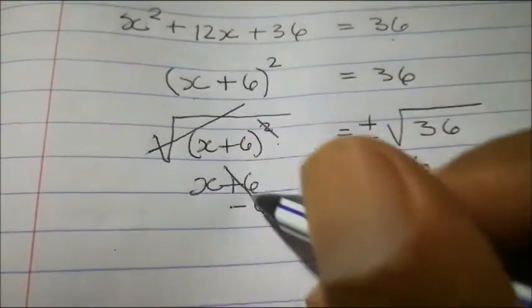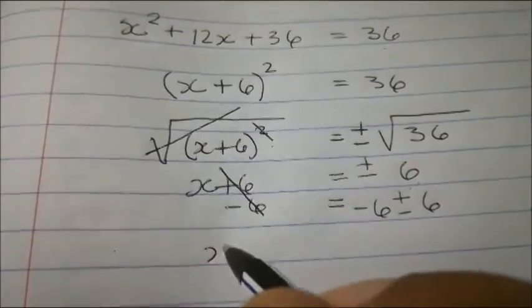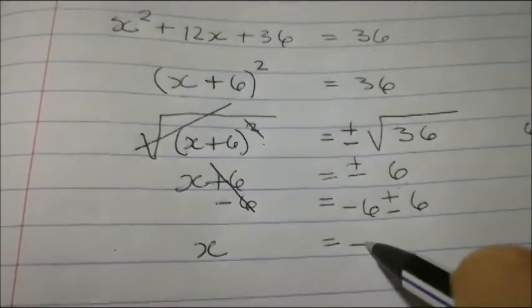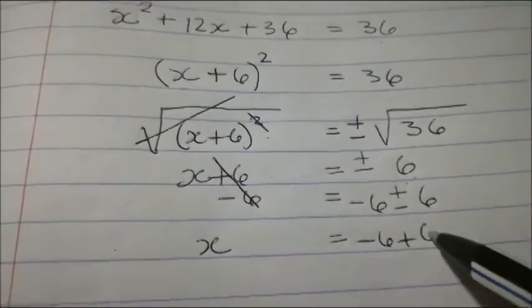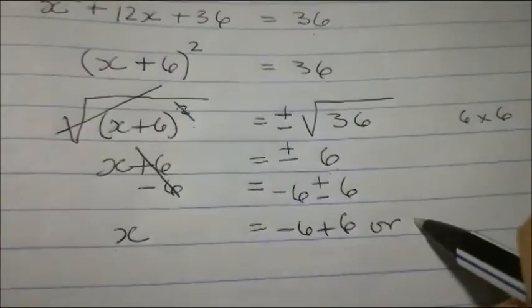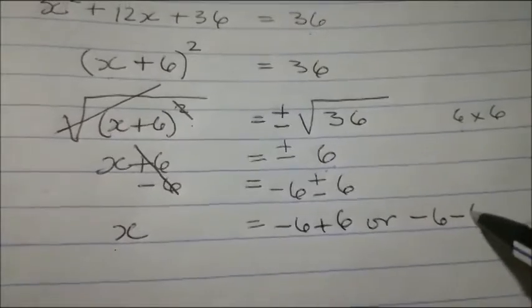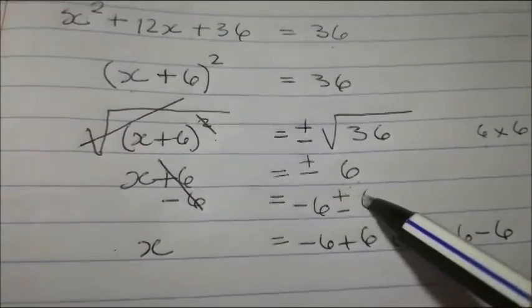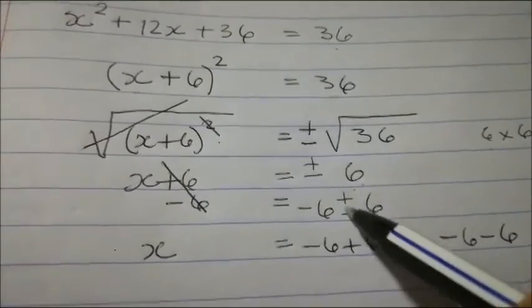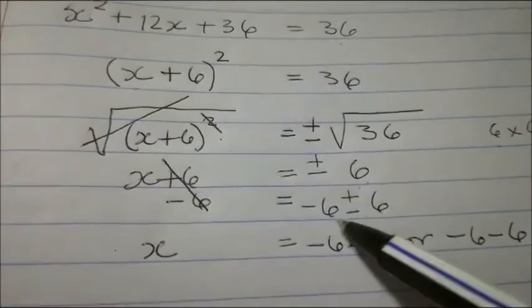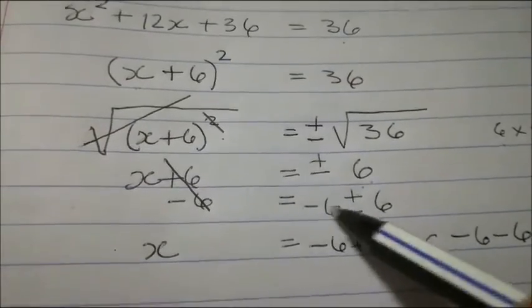These two will cancel, leaving you with x. So x now will have two values. It will have a minus 6 plus 6, or it will have a minus 6 minus 6. So we add 6 to minus 6 with the top sign, and we subtract 6 using the bottom sign from negative 6.